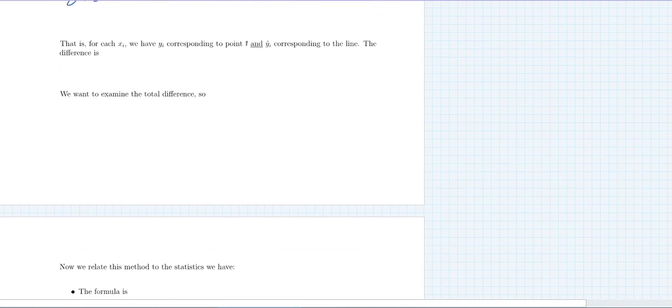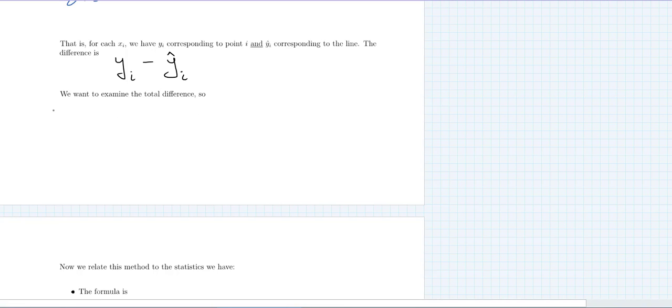So to understand this a little bit more, for each xi, or each explanatory value, there is a response value and a value that the line gives us. And that difference is yi minus y hat i. And what we want to examine is the total difference.